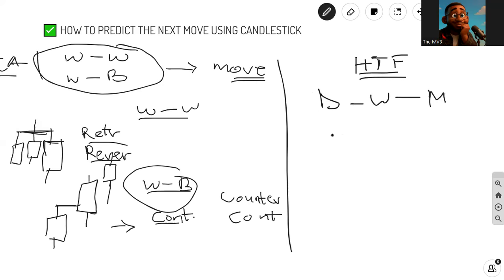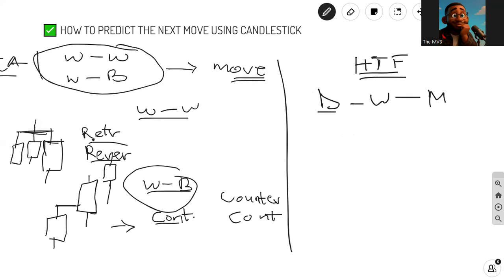What I mean here is if this information you get from a daily candle, that means the next day, which means the next candle, you will prioritize a certain type of move or certain types of entry.